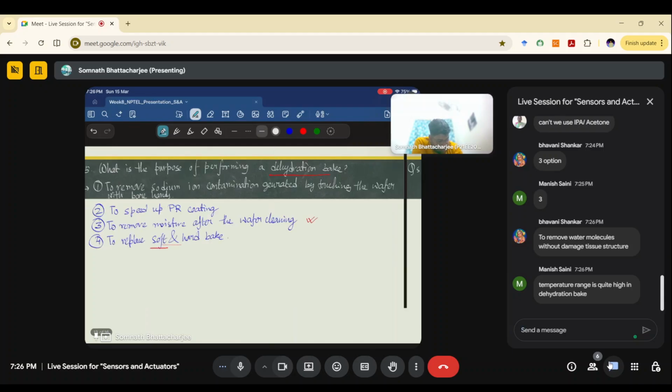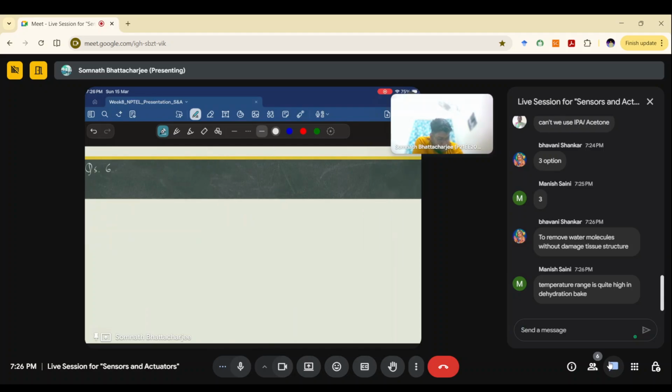This was question number 5, right? Yes, 6. Which of the following are the basic components of a PR or photoresist?